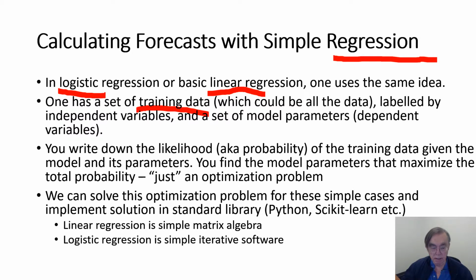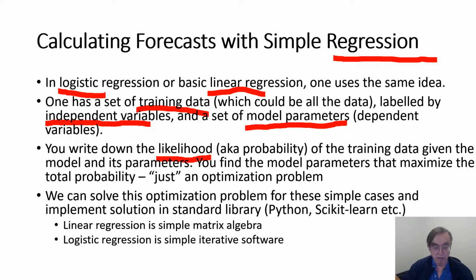The training data is labeled by the independent variables, called X later on. The data itself is called Y. Then we have the model parameters, which will end up being called alpha and beta, which are the dependent variables determined from the data. Then to determine the model parameters, we write down the likelihood, which is effectively the probability, in that this ends up being the product of the probability of observing each of the training data values, and then you have that total likelihood, and you need to maximize it.